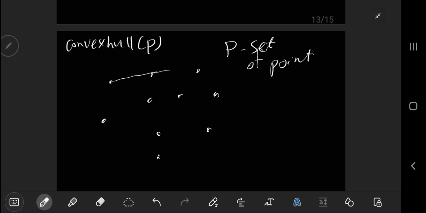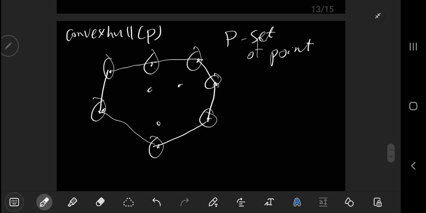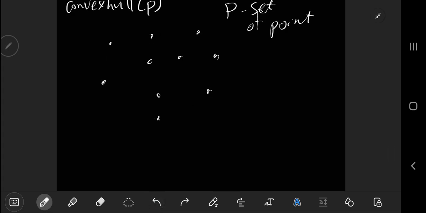So I want the set that will enclose that set of points such that I will get a polygon which is convex and all the points will be inside those borders. And I want to get those nodes or vertices that are on the border, which is the convex hull of the polygon.